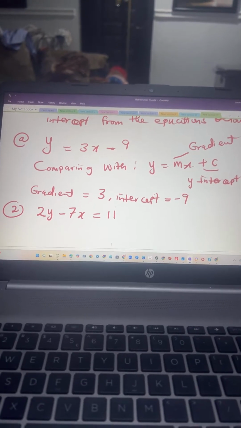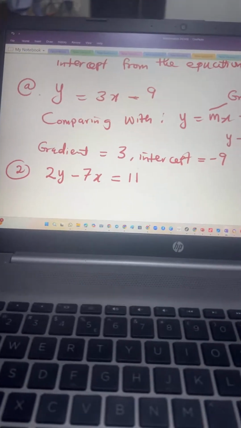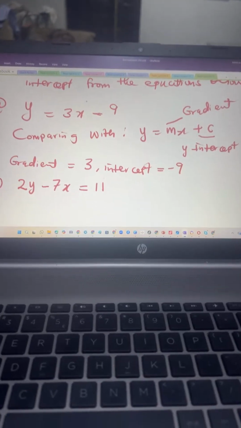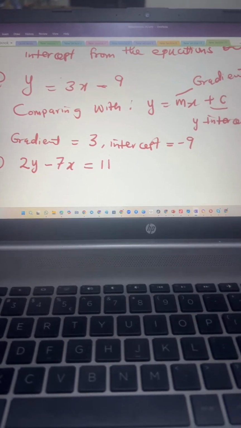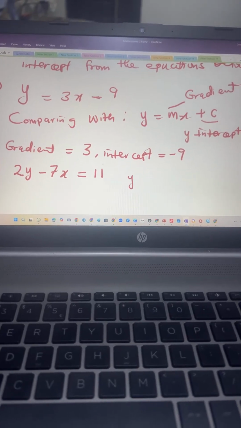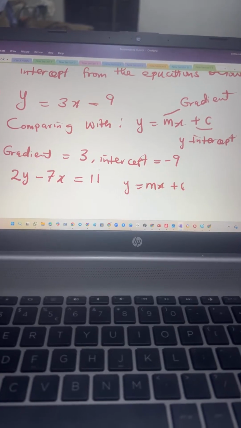You have to identify the gradient and the y-intercept. So how can you do this? It's as simple as ABC. What you need to do now is to rearrange this in the form y equals mx plus c. That is the general form.